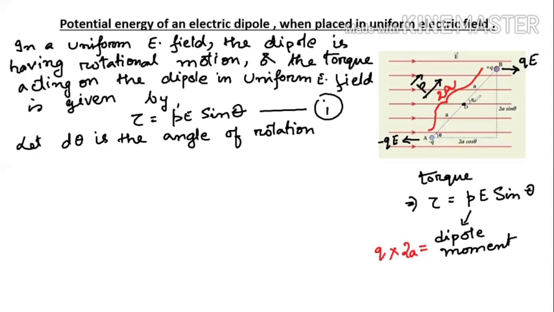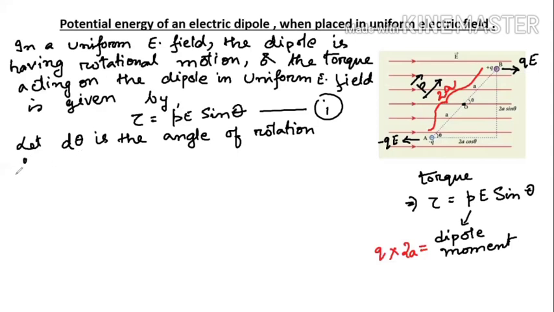And what is this angle? It is the angle between the dipole moment and the electric field. As you can see here, this is that angle theta. So let's consider any d theta angle, and we will find out the work done for this d theta angle of rotation.